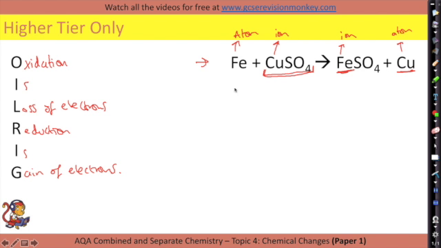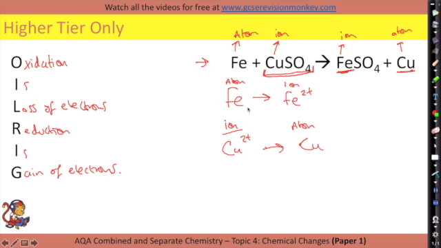Iron here is an ion, whereas copper is an atom. So in this case, we've got iron that is turned from an atom to an ion, where it would go into Fe2+, and we've got copper, which is turned from an ion, Cu2+, to an atom, which is just Cu.